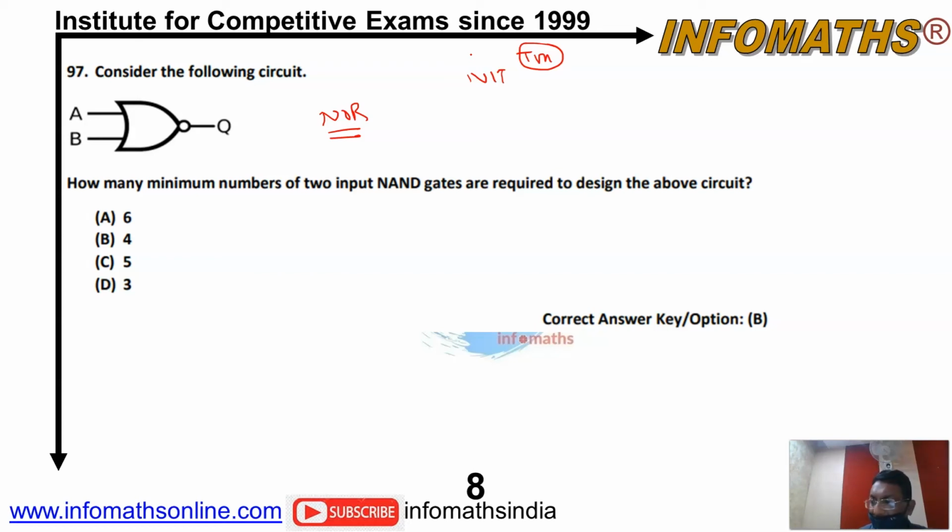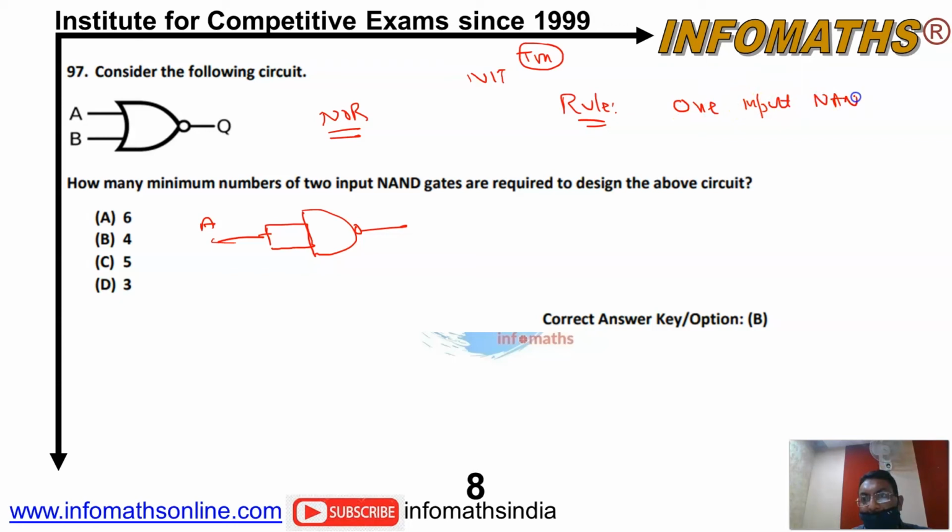You can make a design with NAND gates. Let's say first we have a two input NAND gate. Let's say it's the A input. Now some rules I want to tell you. A one input NAND gate is equal to a NOT gate.